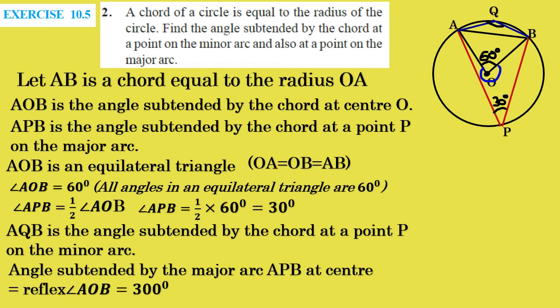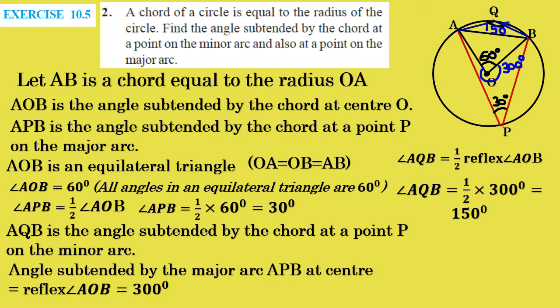It will be 360 minus 60, so it is 300. So what will be angle AQB? It will be half of reflex angle AOB, so half of 300, that's equal to 150. Got it? Now let us move on to question number 3.